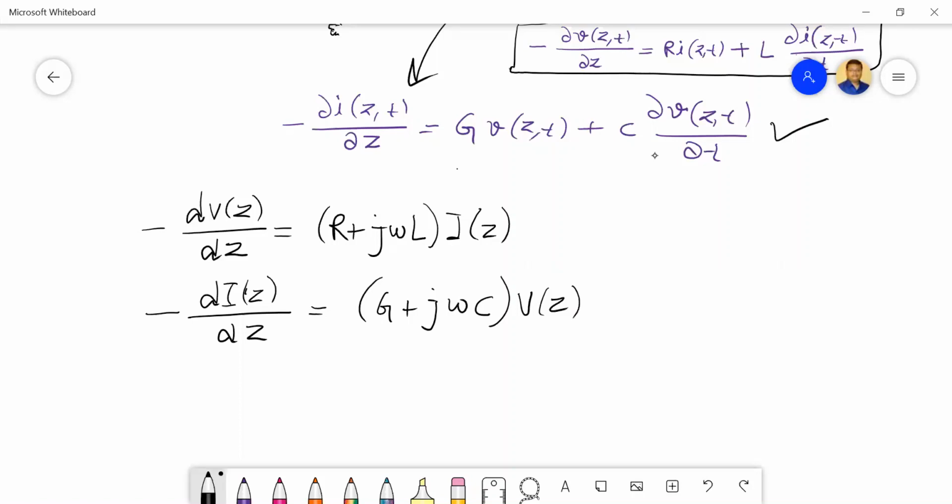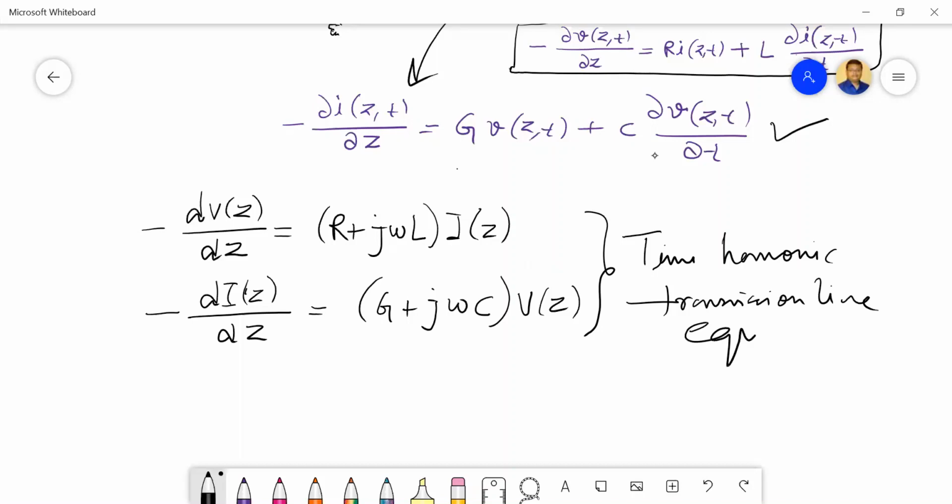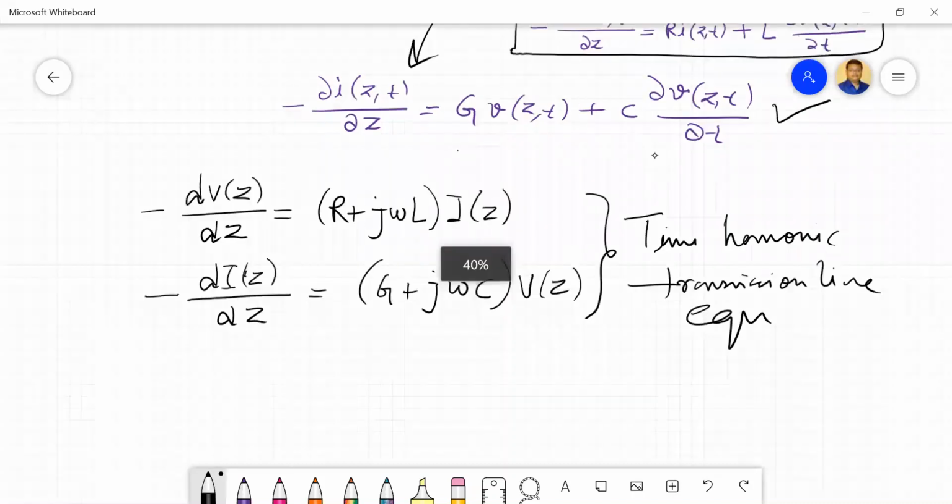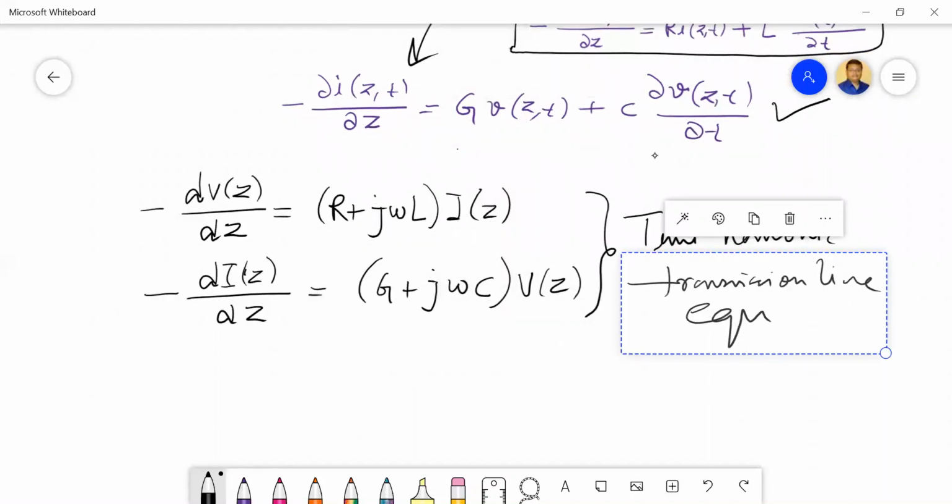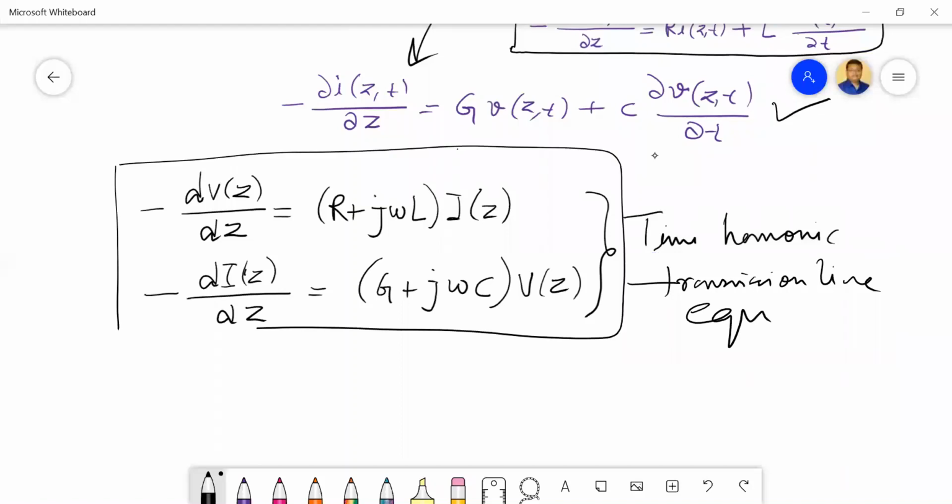Fine. So this is your time harmonic transmission line equation. Now we can play with this equation and find a number of things.